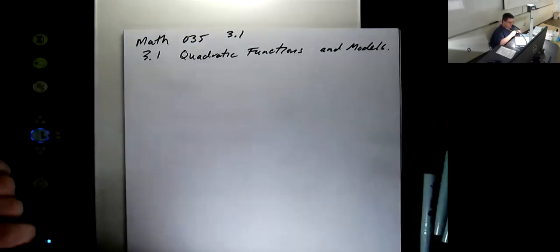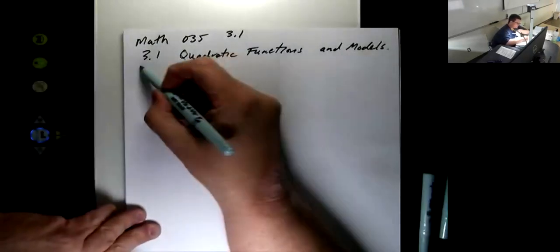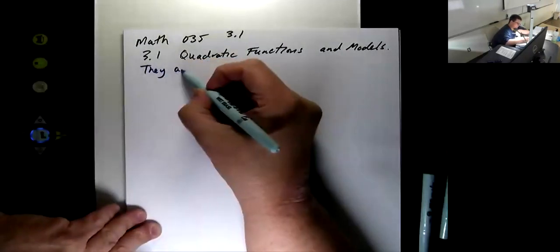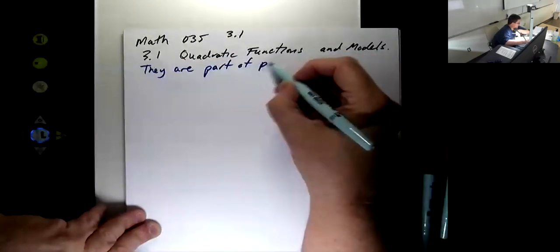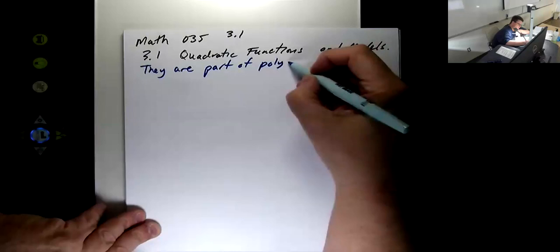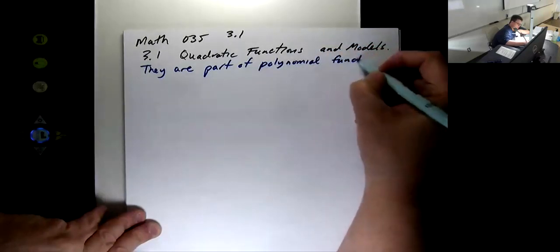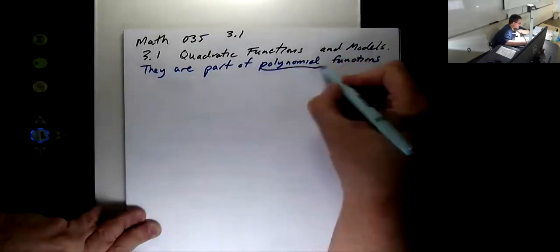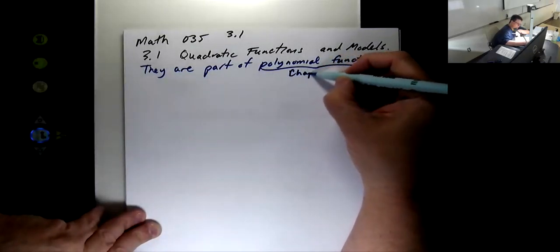So quadratic functions are part of the polynomial functions group. And that's what chapter 3 is on. Chapter 3 in its entirety is on polynomials and rational functions.